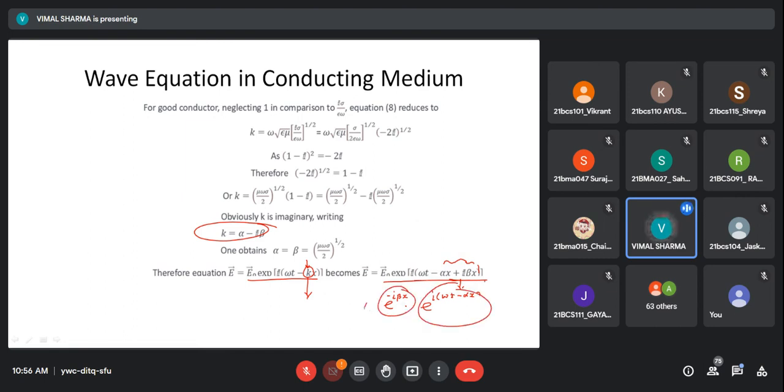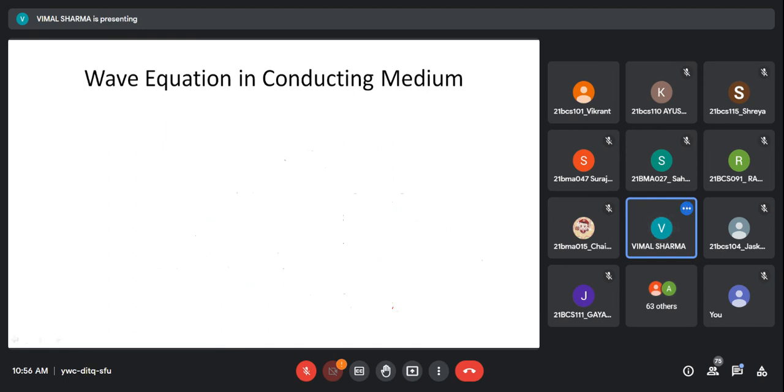I'm writing this as this, and it is E naught. So E is equal to what? It is E naught, and this exponential with this power is split into two terms. Now you can see that this is the amplitude, a real part.